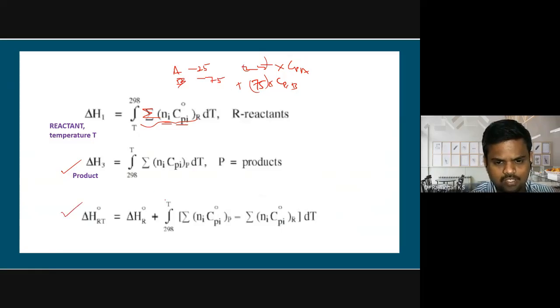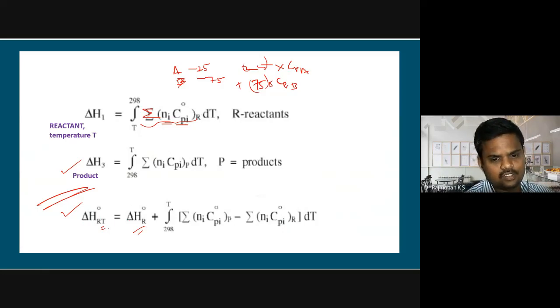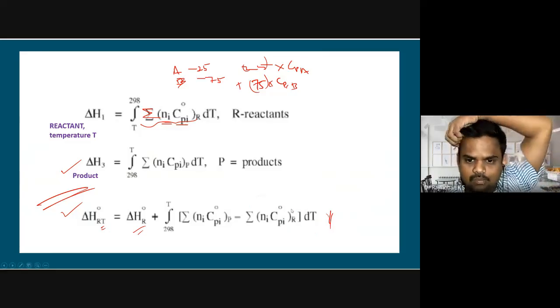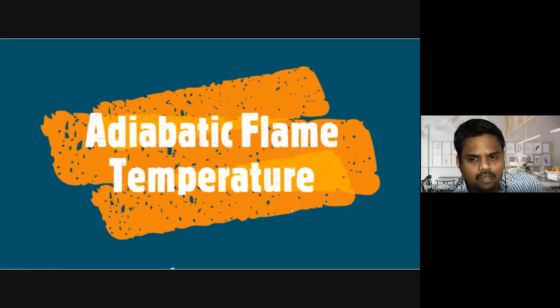The heat of the reaction at a given temperature is equal to the standard heat of the reaction plus these two. So this is the final equation we should have. But at adiabatic conditions, this is the condition where we can solve the problems for adiabatic flame temperature, because delta Q equals 0.